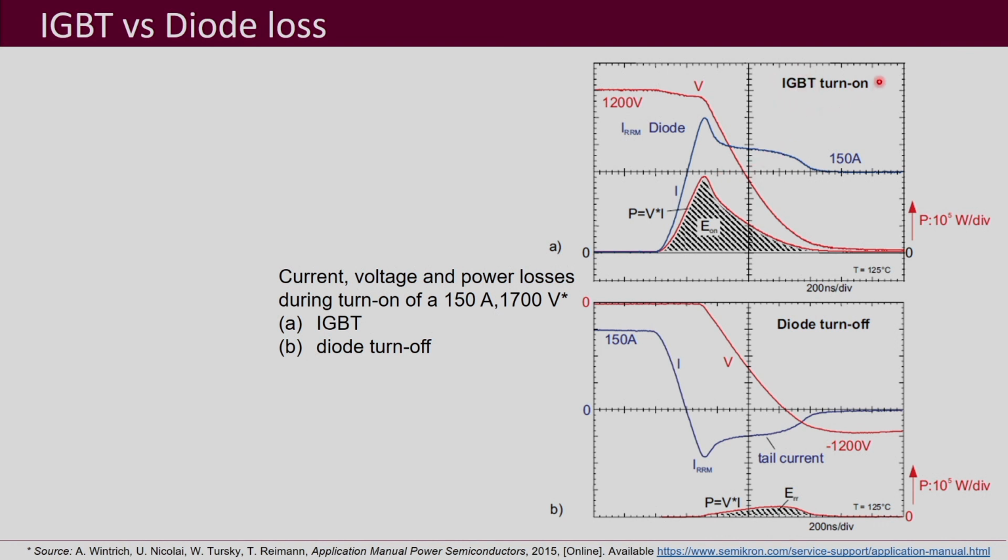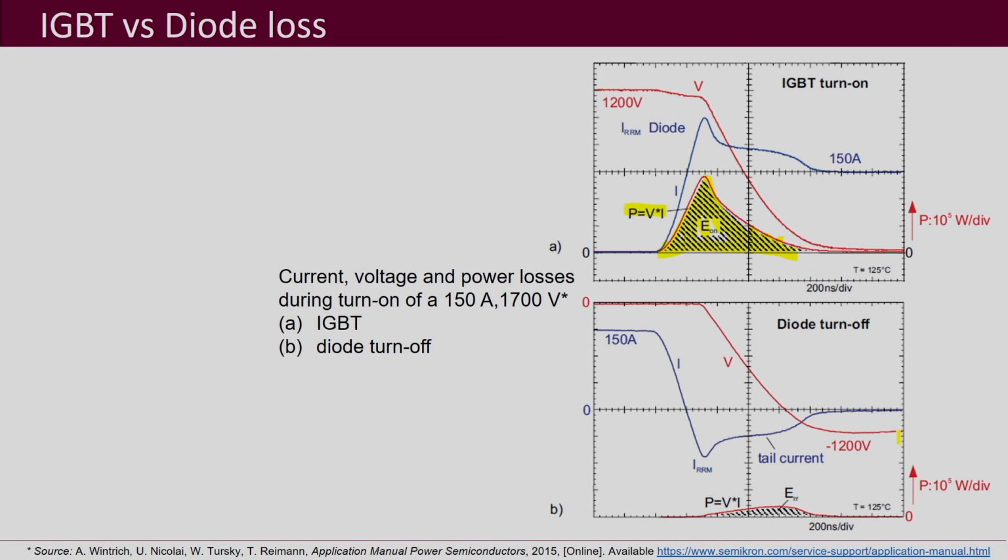So, this shows the IGBT turn on, and you can see that this voltage is reducing, and here is your current which is increasing, and this is the power curve, which is basically your V multiplied by your I. You can see that the area under this power curve is your turn on loss Eon, and then this shows your diode turn off.